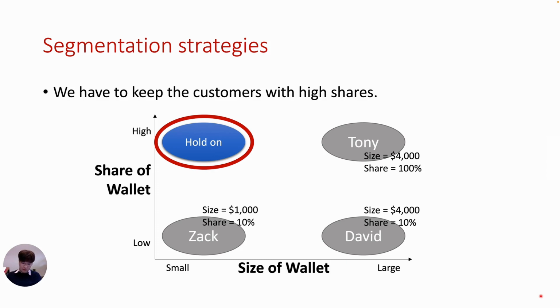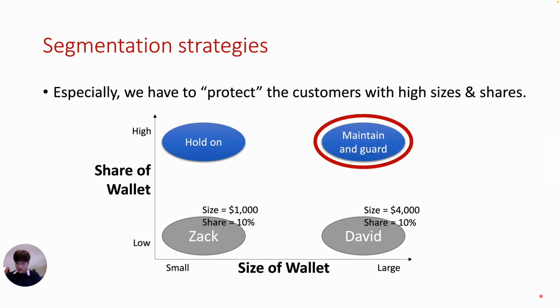He's also a loyal customer. Furthermore, his spending level is much higher. That means he is highly likely to be targeted by competitors. So, we have to keep this customer, and moreover, we may need to proactively protect him from the competitors.